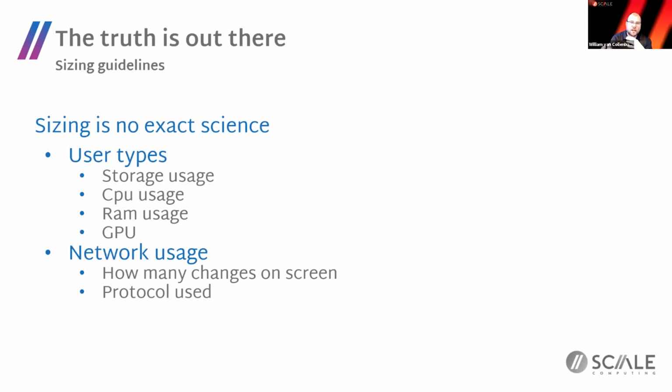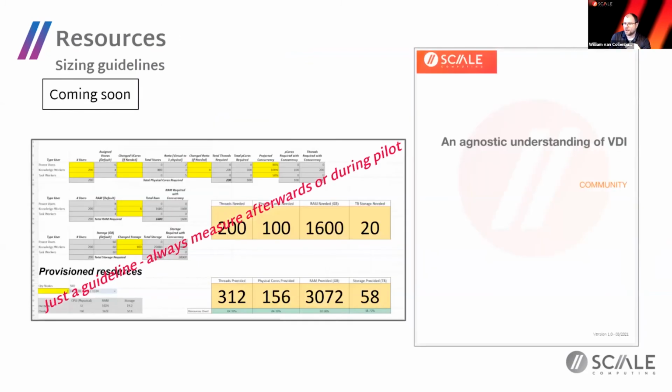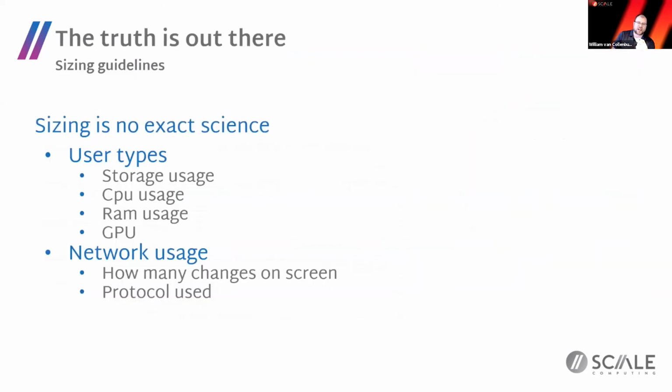Now, user types, one of the things that I like to do, and it's actually something that you see in all user sizings, is that we divide our company into groups of people. And in the most basic version, you have the power user, the knowledge worker, and the task worker.